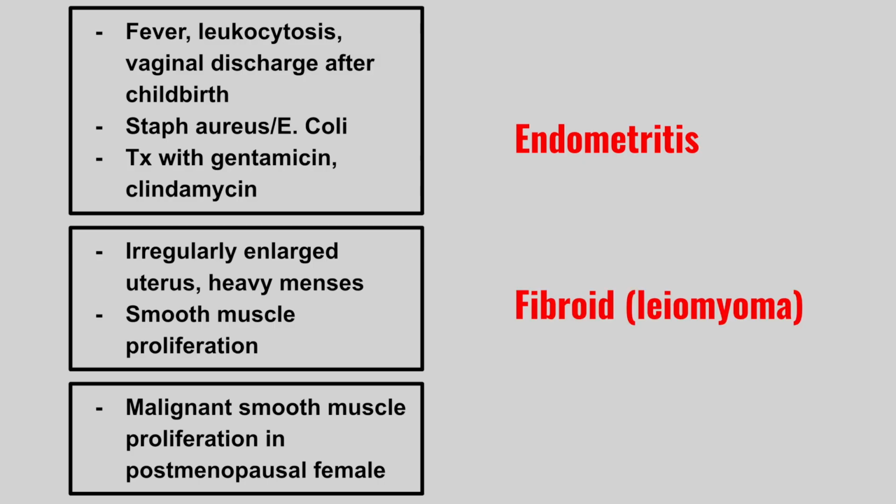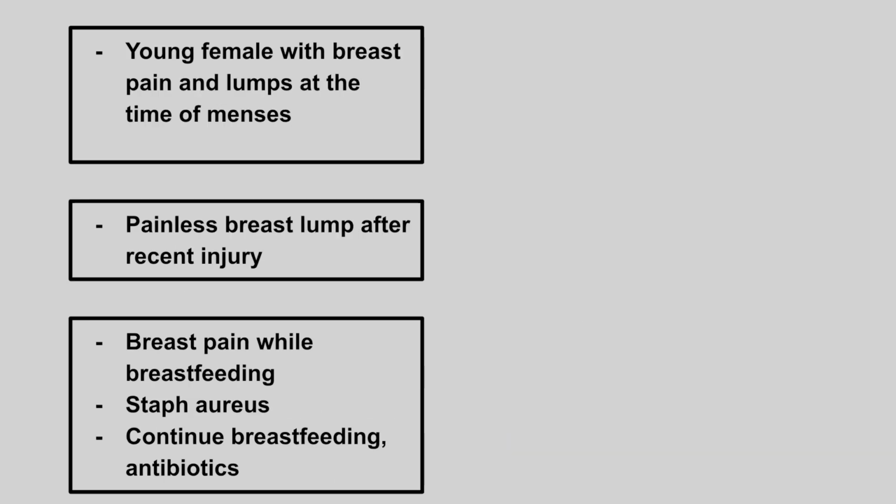So this is fibroid, also known as leiomyoma. Next, we have a malignant smooth muscle proliferation in postmenopausal females. This is a leiomyosarcoma. Next, we have young female with breast pain and lumps at the time of her menses.